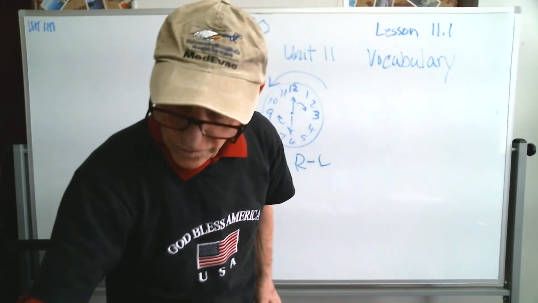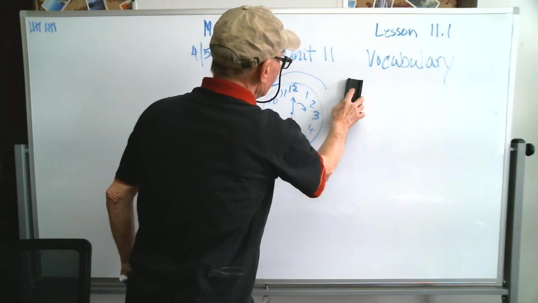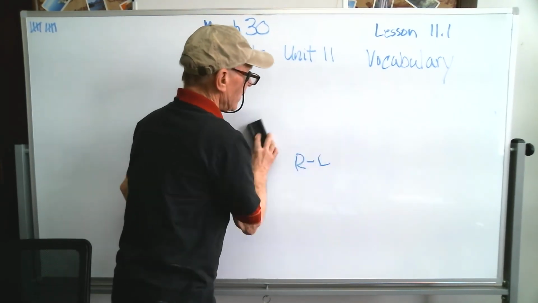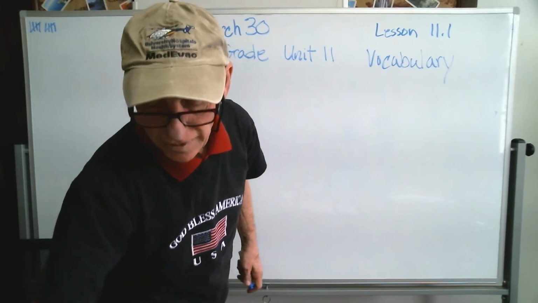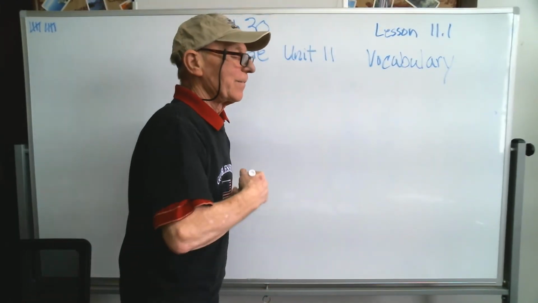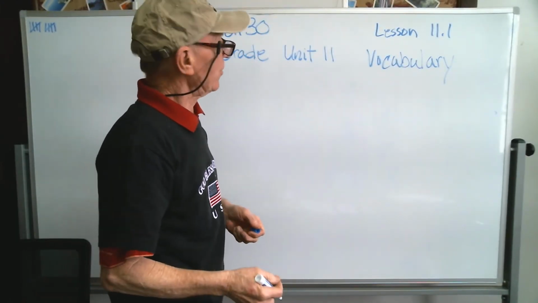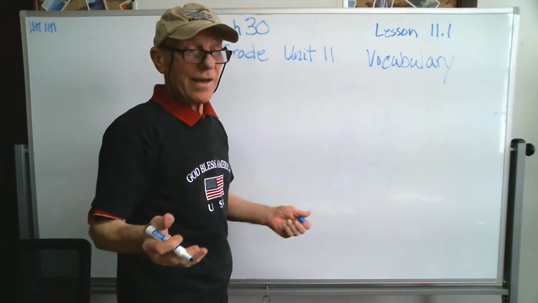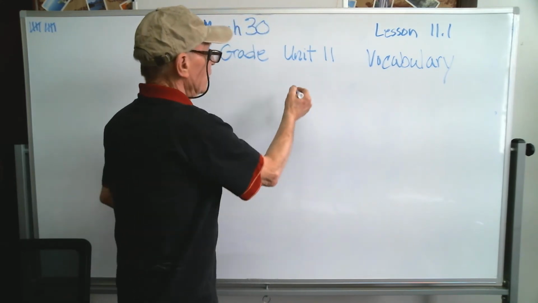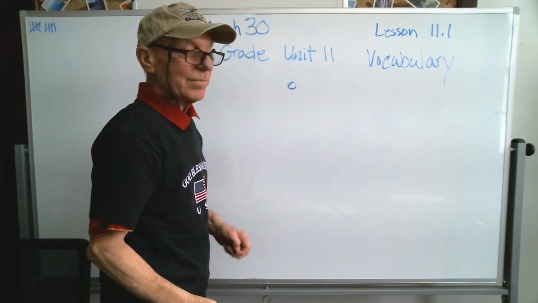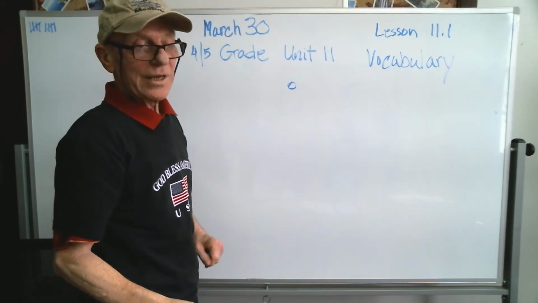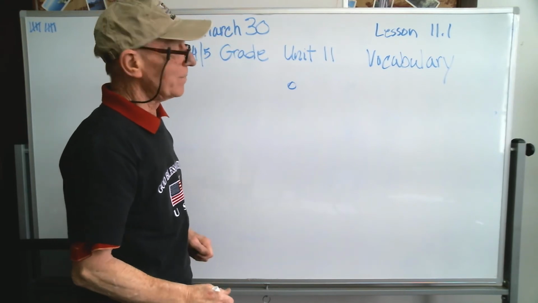The next word in your vocabulary is degree. And hopefully you'll all grow up and have lots of degrees. But like many words in the English language, it does have different meanings. Degree is usually notated by a little dot like that, little circle.